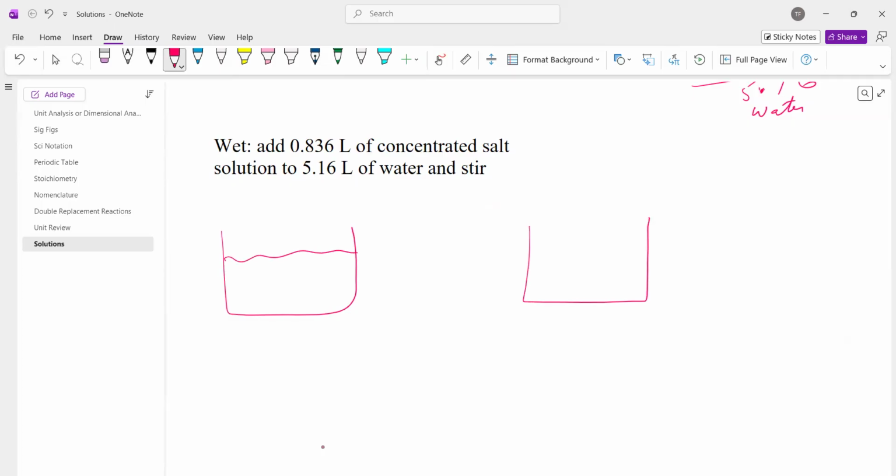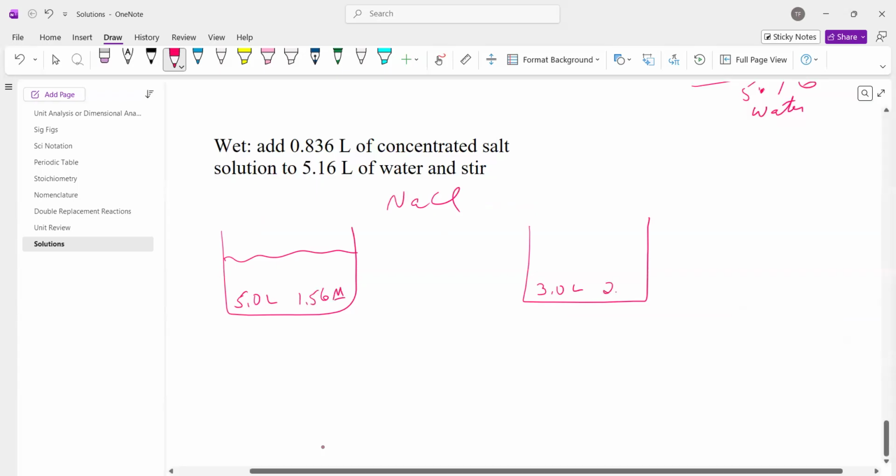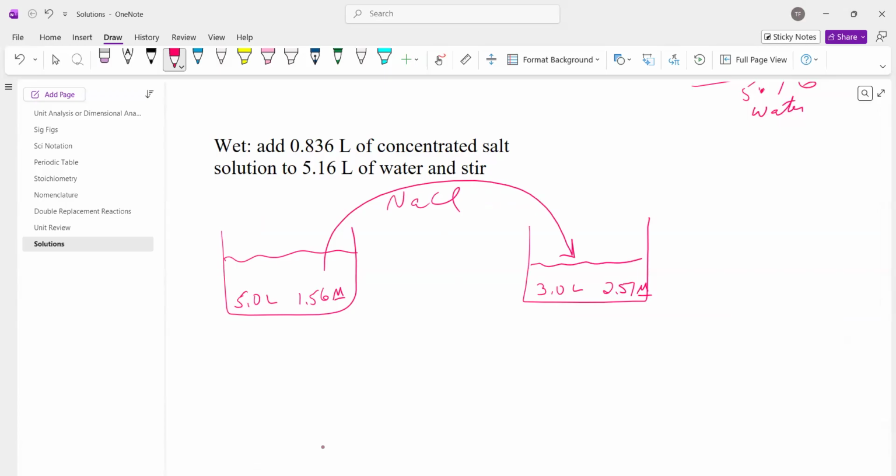And let's say this is table salt. And we dump them together. What's our final concentration?